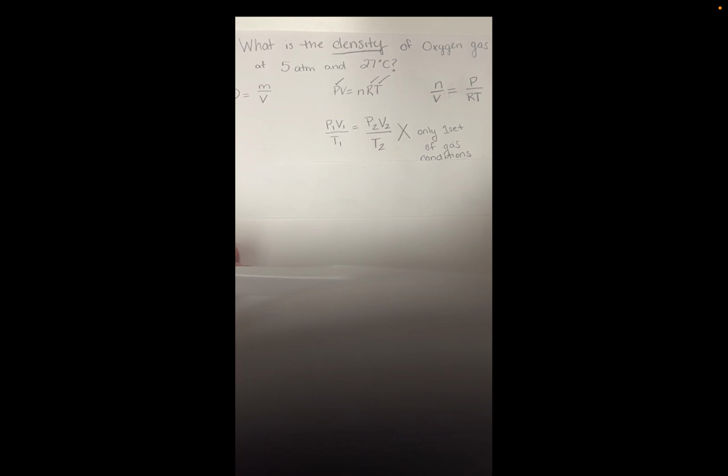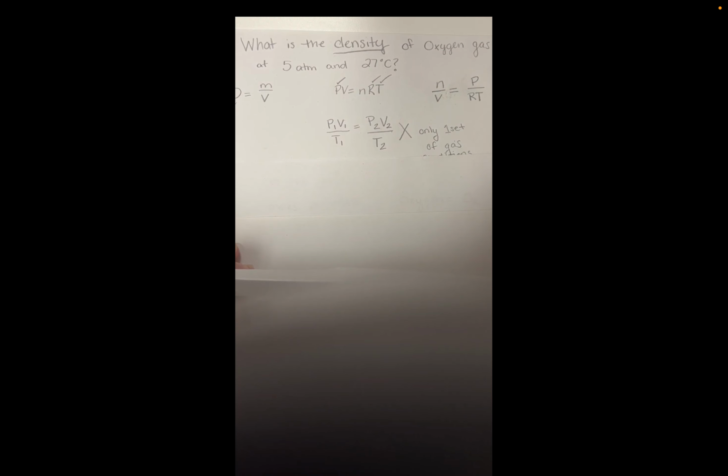We want to know the density of oxygen gas, so we know the identity of our gas, and we know the pressure and the temperature. If I look at the ideal gas law, I can see that I'm missing moles and I'm missing volume, but I do have pressure and temperature, and I know the R value, the gas constant.